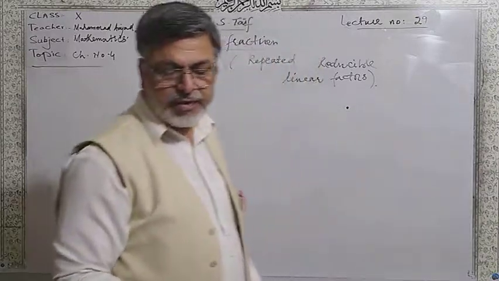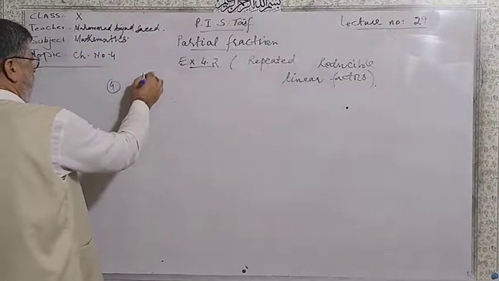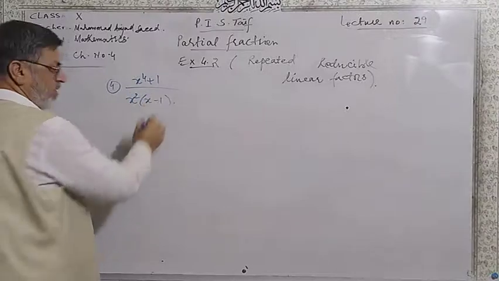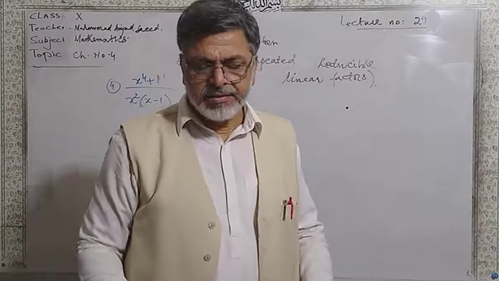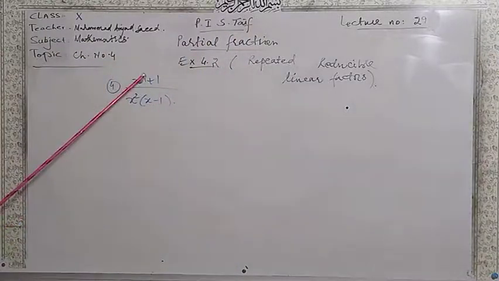So question number 4 is (x4 plus 1) over x square into (x minus 1). You can check. Here is degree 4 and denominator x square multiplied by x, degree will be 3.